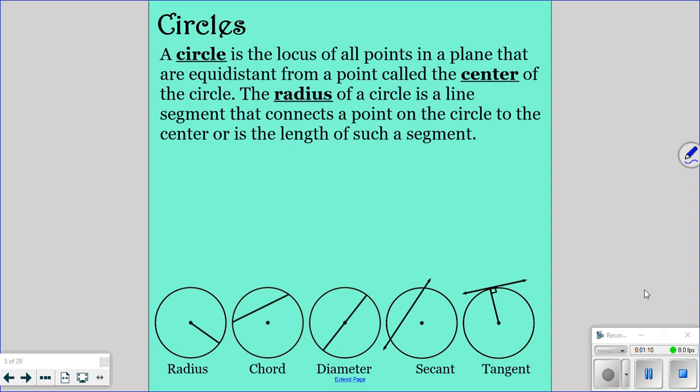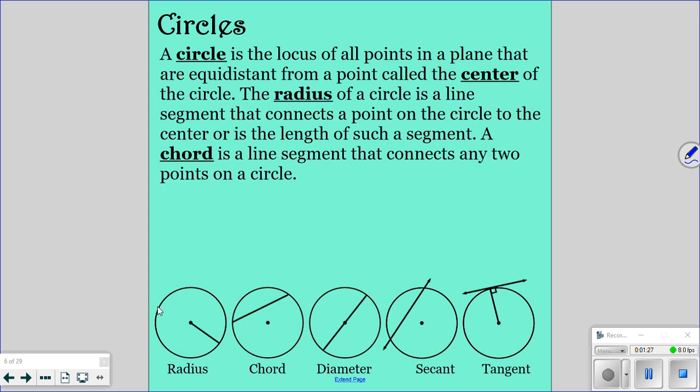The radius is always going to be a line segment that connects a point that's somewhere on the circle to the center. So we go from the circle to the center, that's a radius. Or here's another radius. A chord is a line segment that connects any 2 points on a circle.